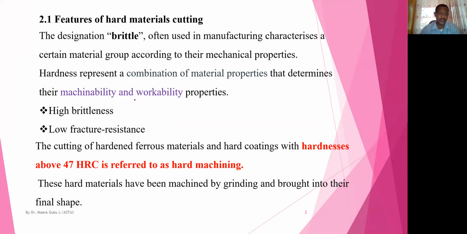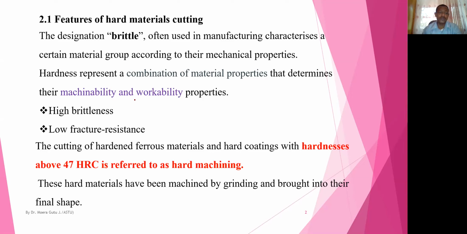How to machine hard materials, and what materials fall under the hard categories. So the students will know how to machine hard materials with conventional machining and non-conventional machining also.